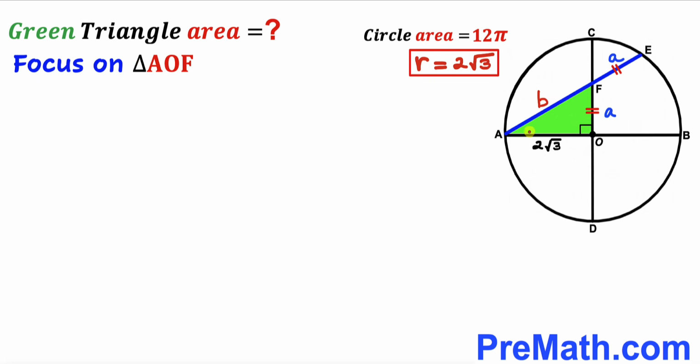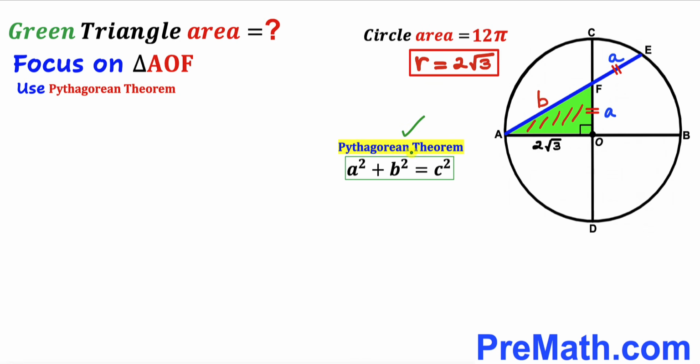Now we are going to focus on this green shaded right triangle AOF, and apply the Pythagorean theorem on this triangle. Here's our Pythagorean theorem: a² plus b² equals c². In our case, our hypotenuse is lowercase b, whereas our other two legs are lowercase a and 2√3. Let's fill in the blanks.